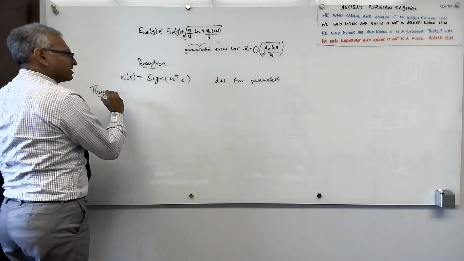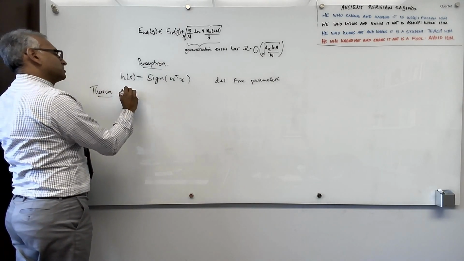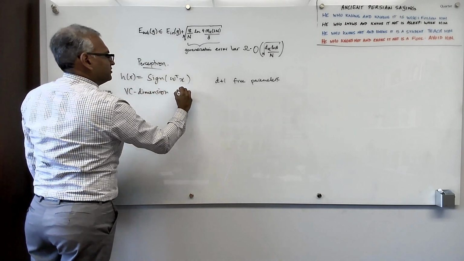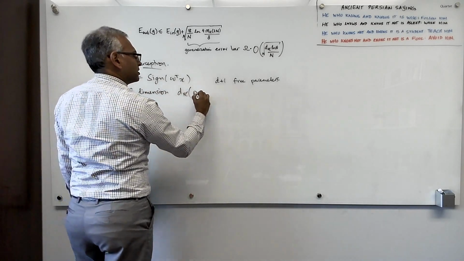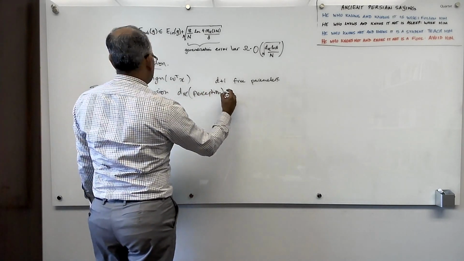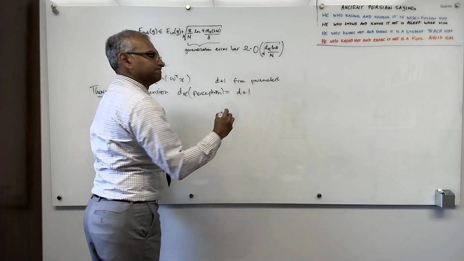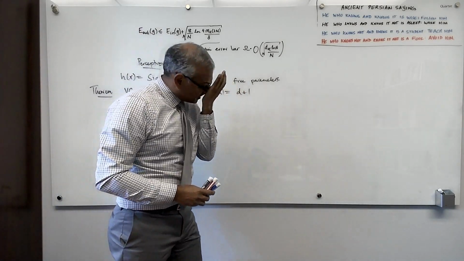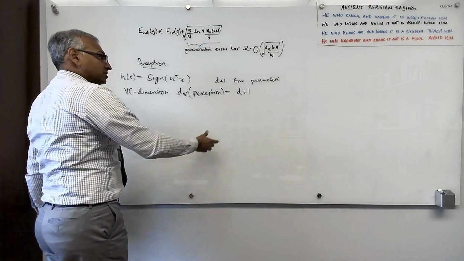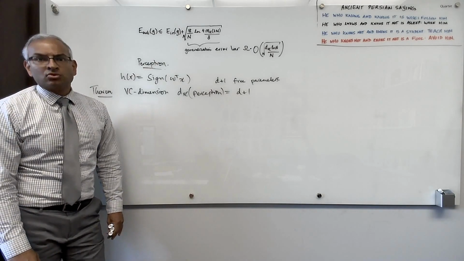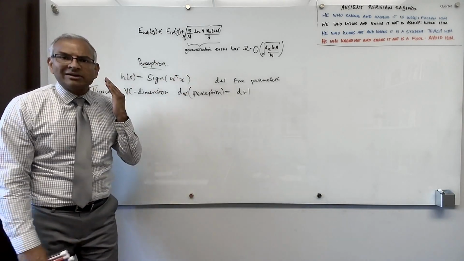The VC dimension, dVC, for the perceptron in d dimensions is equal to d plus 1. Nice. It's equal to the number of free parameters, and it's pretty small, and it's pretty much the best you could have expected if you are in d dimensions.